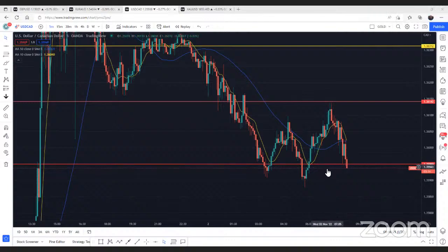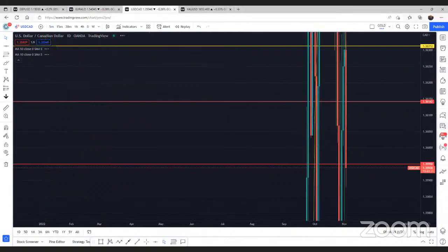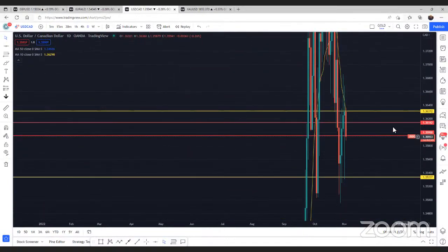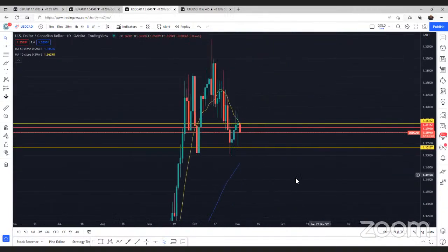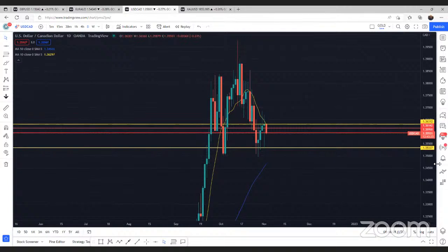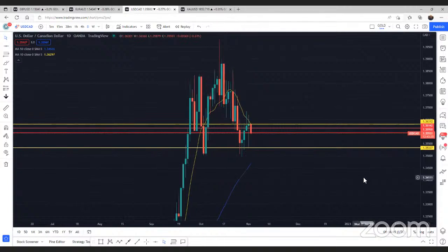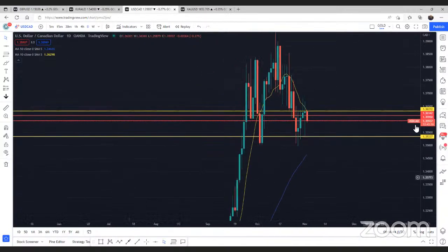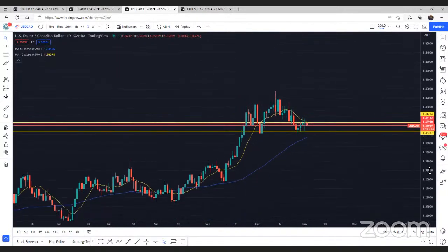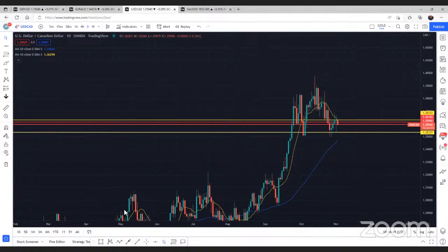Okay, so this is looking to break out now. Let's look at the higher time frame nevertheless and see what's been happening with USD CAD. We know the US dollar has been very strong lately. Well, when I say lately, for weeks, a lot of weeks, as in months.